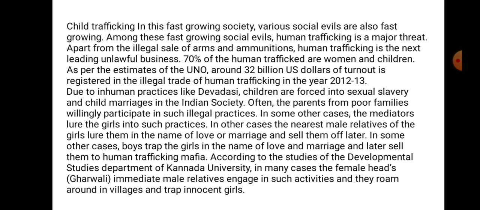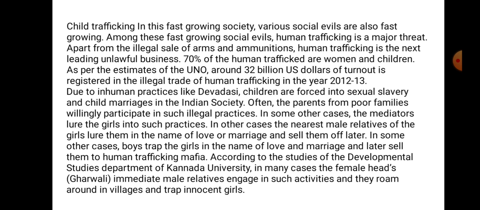In other cases, the nearest male relatives of the girls lure them in the name of love or marriage and sell them off later. In some other cases, boys trap the girls in the name of love and marriage and later they are sold. So this has become a human trafficking mafia in India.